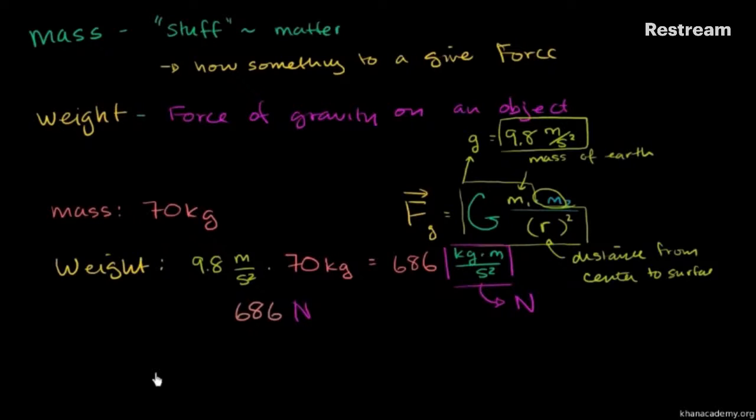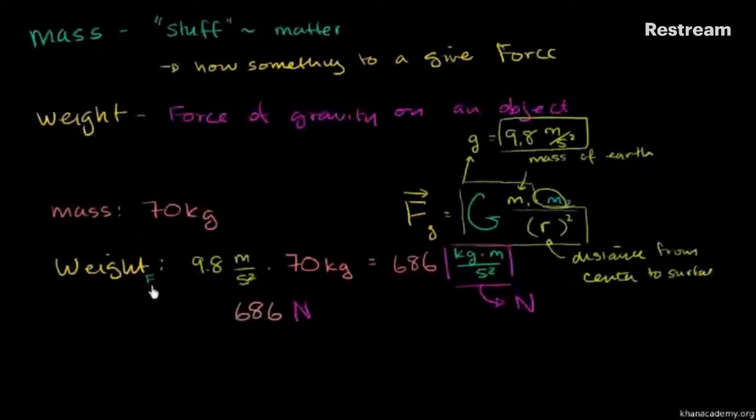Because as you can imagine, weight is the gravity on an object, on a mass. So if I go someplace else, if I go to the moon, for example, my weight will change, but my mass will not. So this is the weight on Earth.